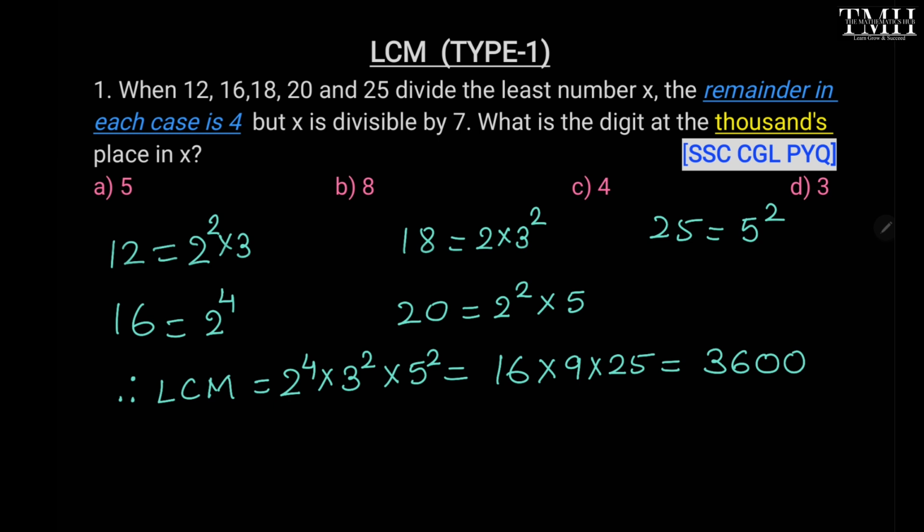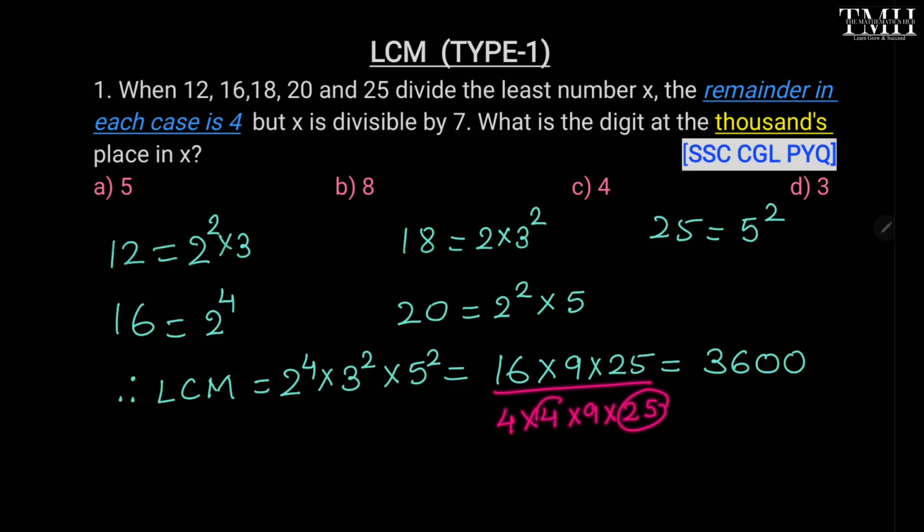Now you must be thinking how we have done this long multiplication so easily. As you know, 25 multiplied by 4 is equal to 100. And in this multiplication, 16 means 4 multiplied by 4, multiplied by 9 multiplied by 25.